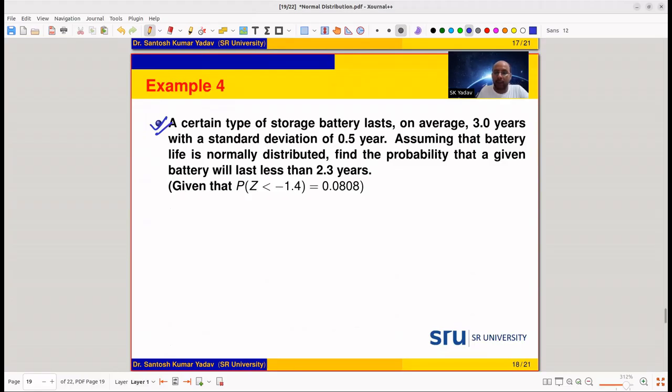Find the probability that a given battery will last less than 2.3 years. So you have to find P of X less than 2.3 years.